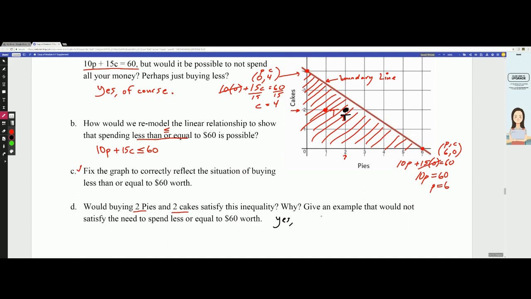And they say why? Well, you could also be harkening back to the ordered pair idea, (p, c).